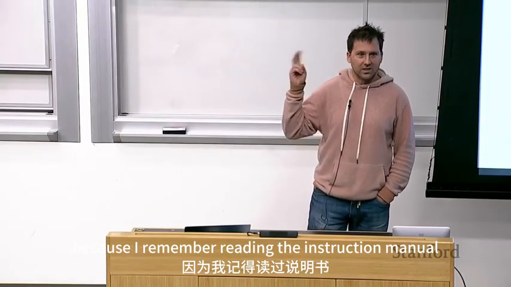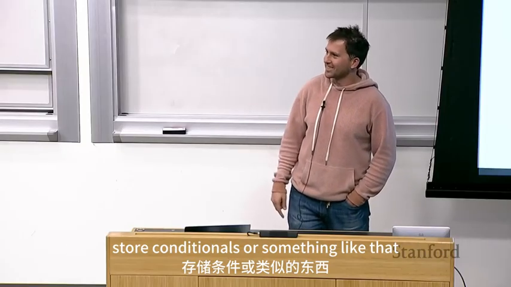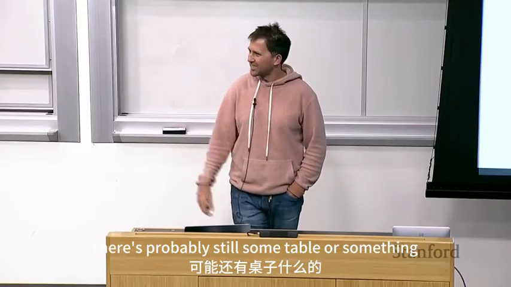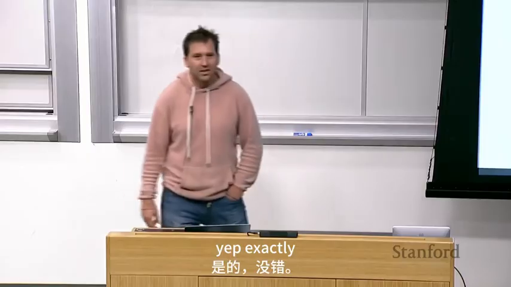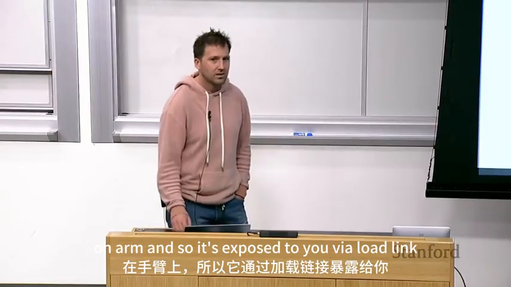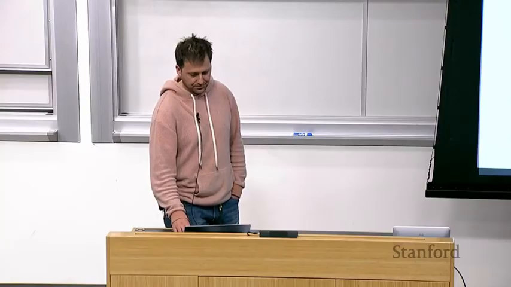I remember reading the instruction manual just a couple of years ago. It was like you can have up to this many outstanding load link, store conditionals. So on some tiny processors, there's probably still some table or something. Yep, exactly. So what you're proposing is a very common operation on ARM. And so it's exposed to you via load link, store conditional.